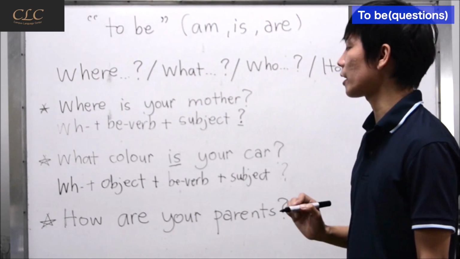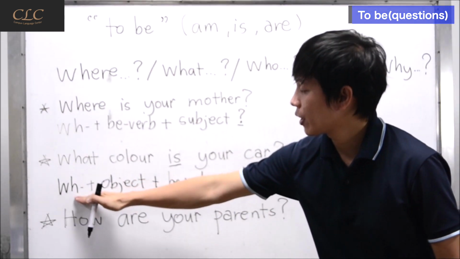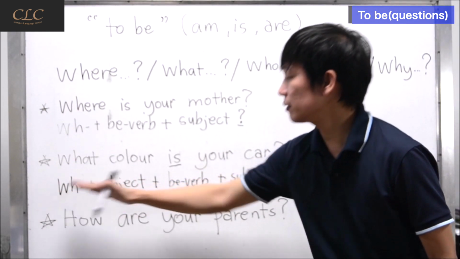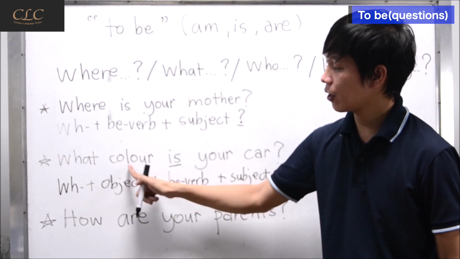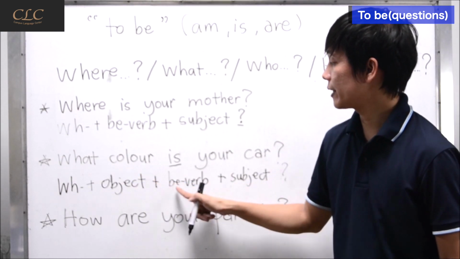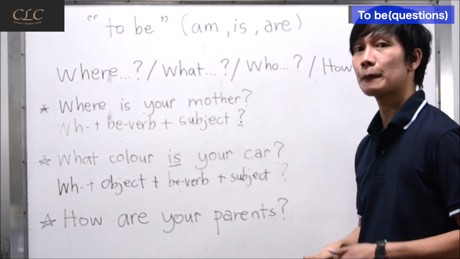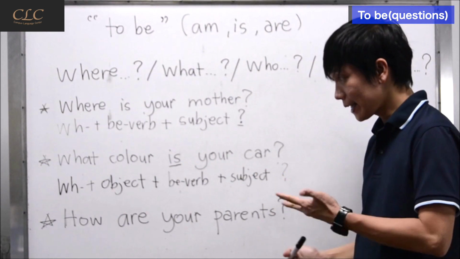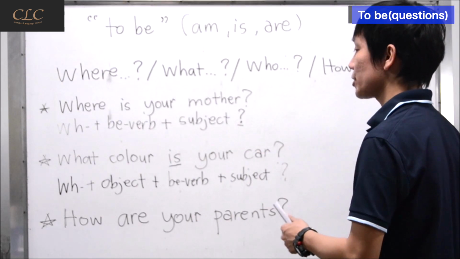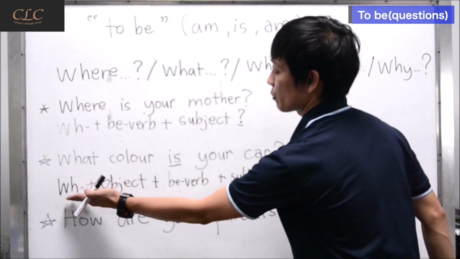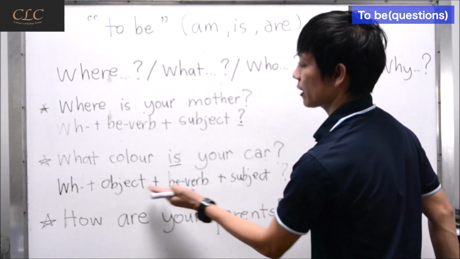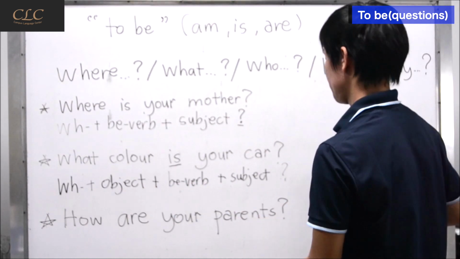Then question mark. WH or the relative pronoun, then we have the object. Color is the object. And then the be verb is, and then the subject is your car. Now, let's make another example using this structure. Relative pronoun, object, be verb, and subject.